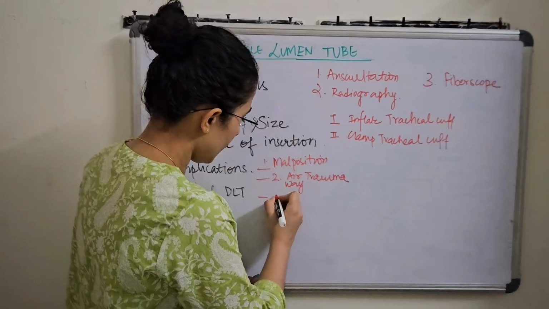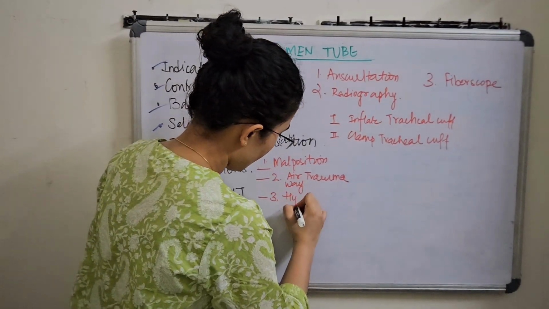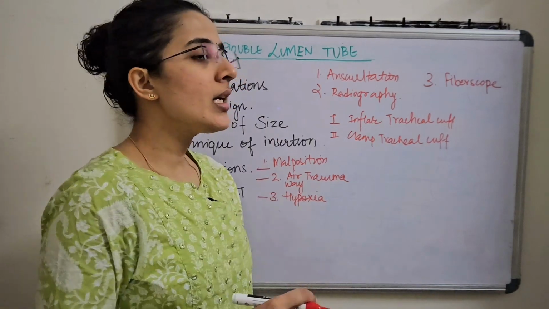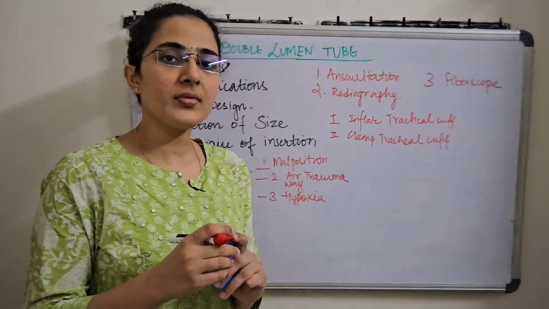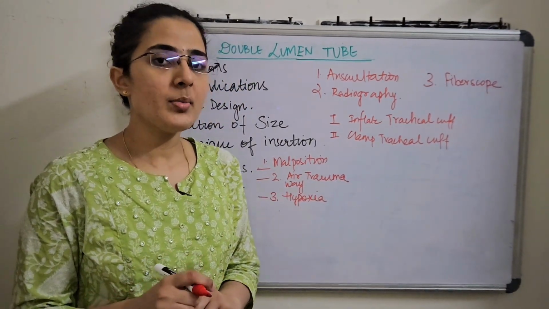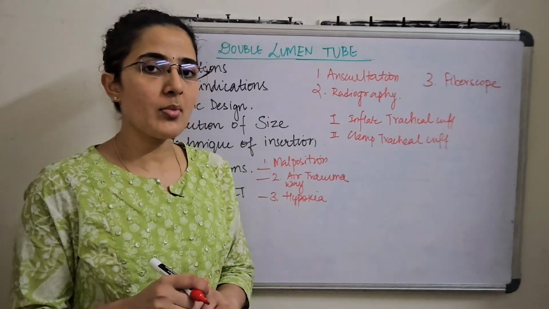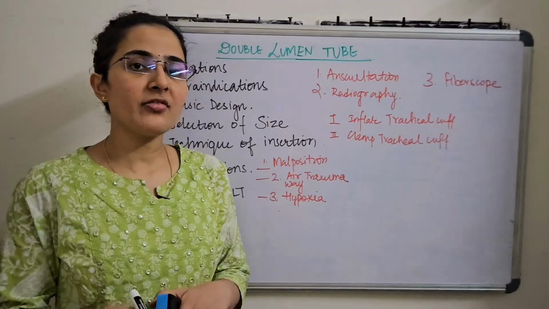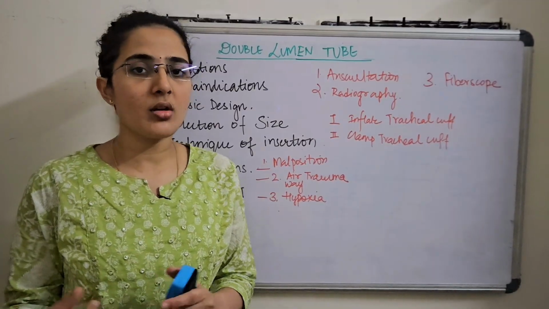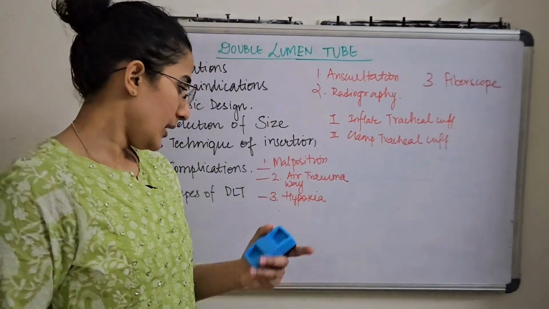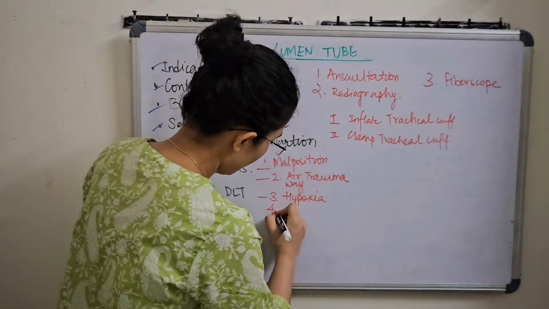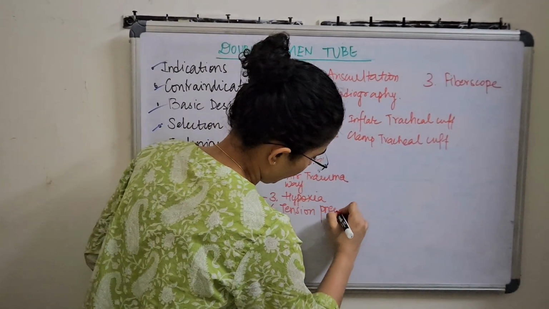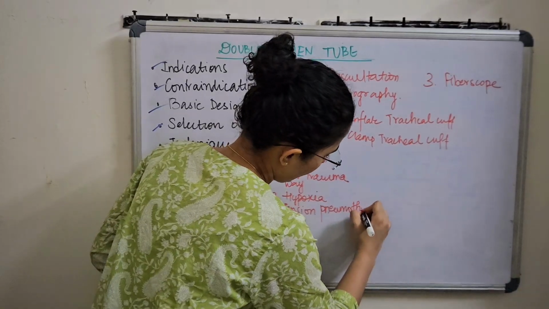Another complication is that it may cause hypoxia in certain patients, because of any malposition of the tube, or because of displacement of the cuff. Often the bronchial cuff may get herniated into the carina and cause hypoxia, right? And another feature is tension pneumothorax. So these are some of the complications which are often associated with a double lumen tube.